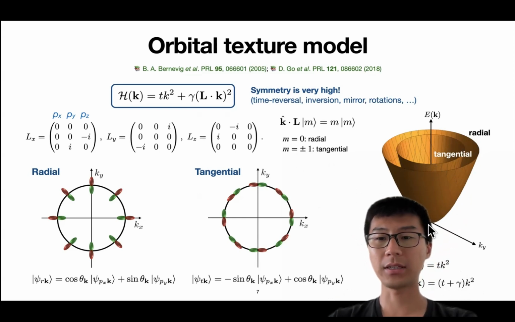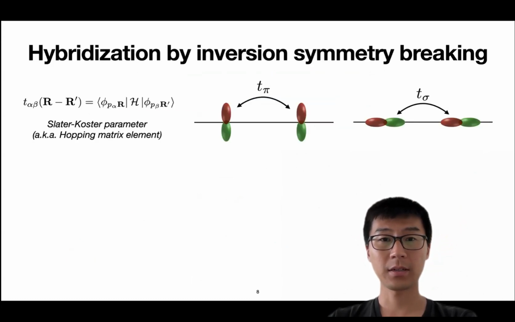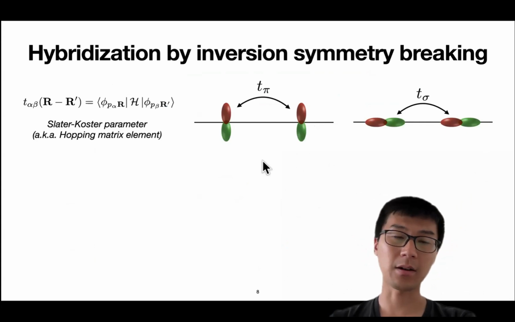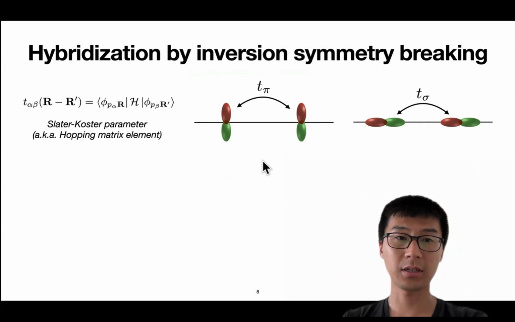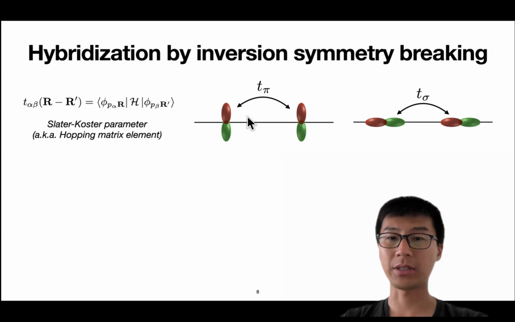We will study this model in more detail for understanding the orbital Hall effect in part 2. But now let's come back to the crucial role of symmetry in orbital hybridization. By orbital hybridization, we often actually mean hoppings, basically, the interaction between two neighboring orbitals.